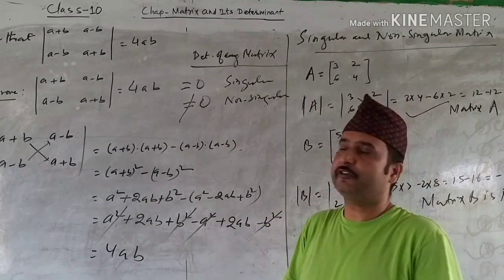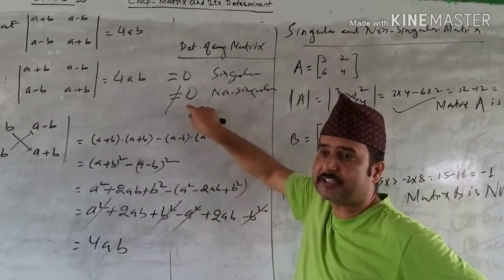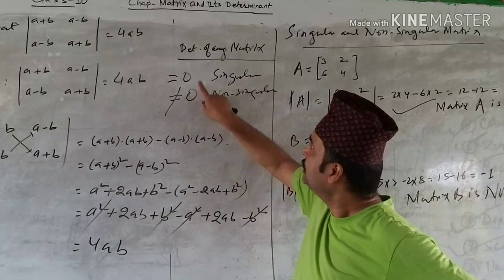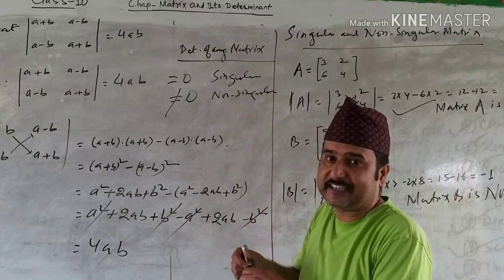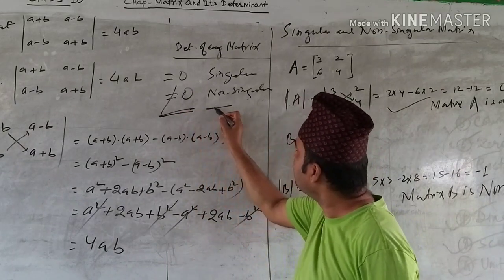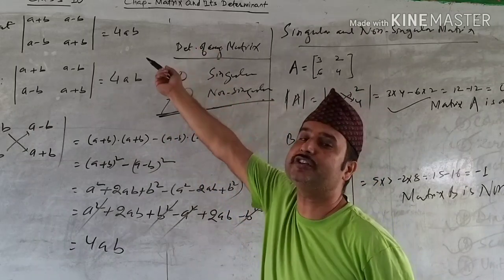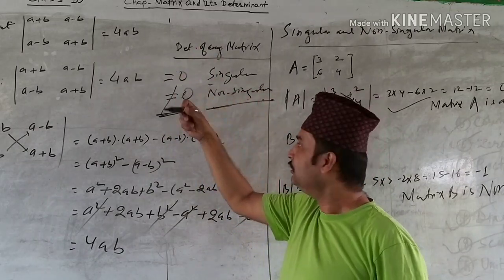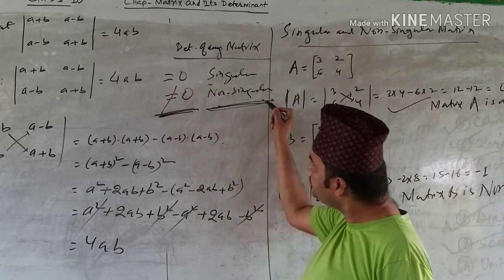Determinant of any matrix not equal to 0, non-singular. Equal to 0, singular. Not equal to 0, non-singular.